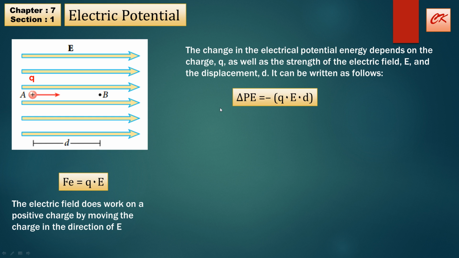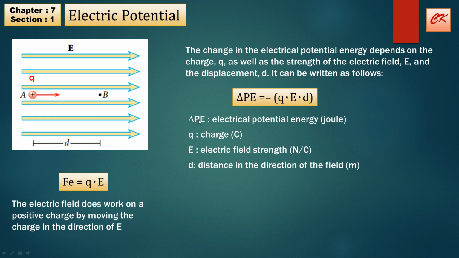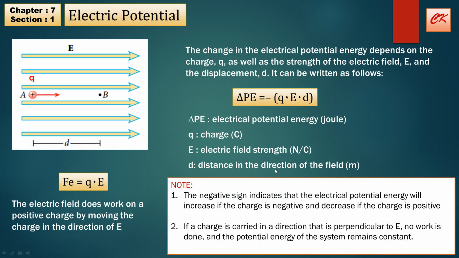And it depends on distance, or displacement we can say: how many meters the charge is carried is important. So delta PE, electric potential energy, is in joules. Q, charge of the particle, is in coulombs. E, electric field, is in newtons per coulomb. D is the distance in the direction of the field, in meters.